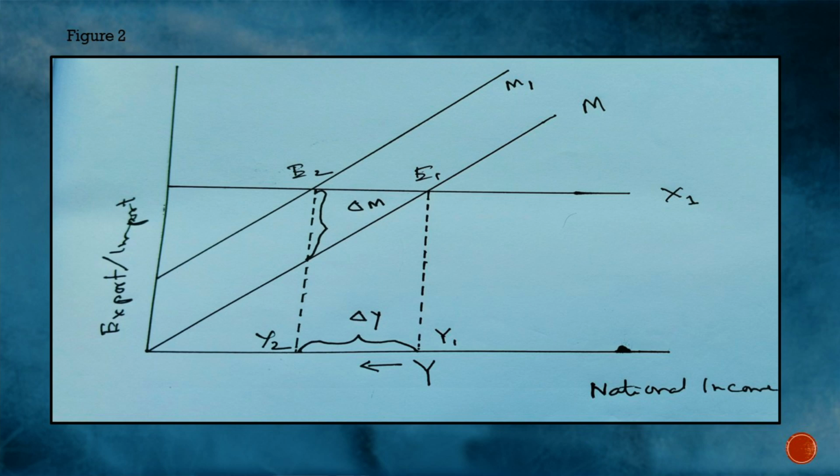But now, what if our import propensity increases? That means of the 15 rupees out of 100 rupees that we spend on goods and services from other countries, we spend, let us say, 30 rupees. Just to give an example, say we are now exposed to advertisements on TV, and we start liking a lot of foreign goods.